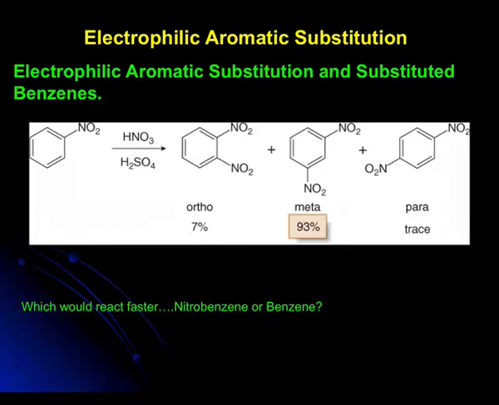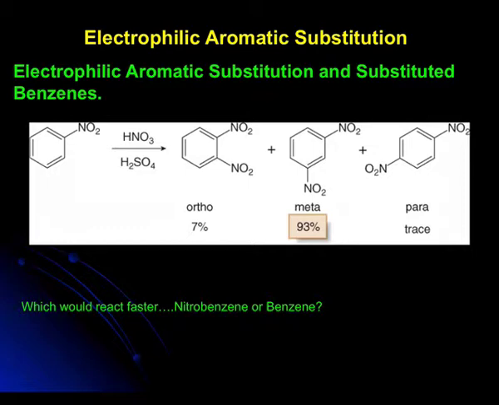It does. That's definitely part of it. What's the next part? What's the formal charge on that nitrogen of the nitro group? It's positively charged. So you have a positively charged atom directly bound to an aromatic ring. So it is a strong deactivator.